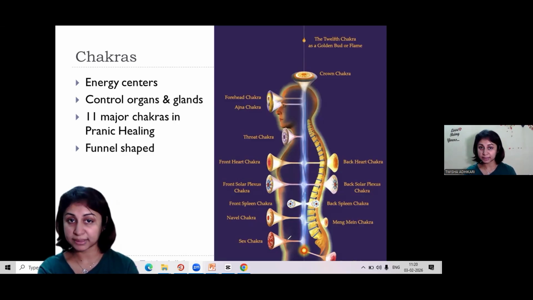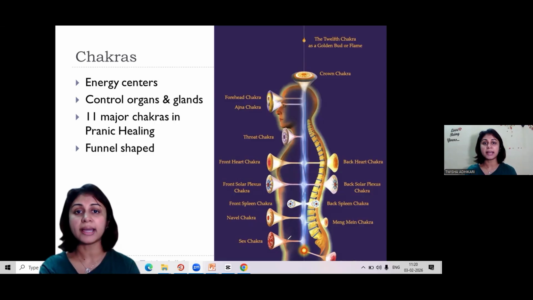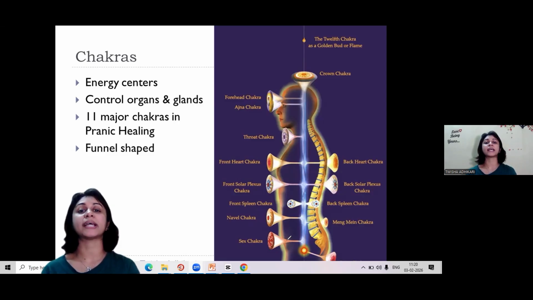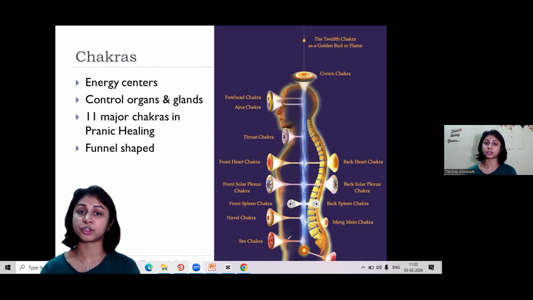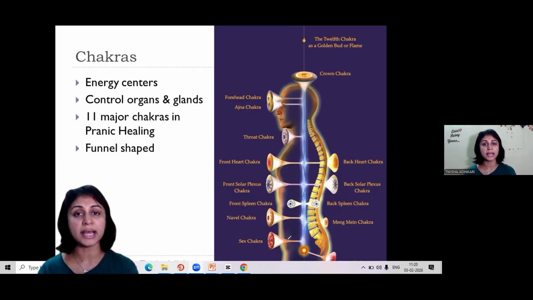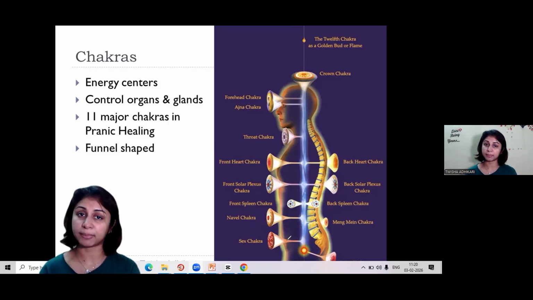Now as the name states, the sex or sacral chakra affects the sex organs, okay. So it helps and energizes the sex organs, bladder, and urethra. It also partly energizes the legs. So 30% of the prana from the sex chakra goes to our legs, okay. So if anybody has any leg issues, the sex chakra might be depleted or congested.